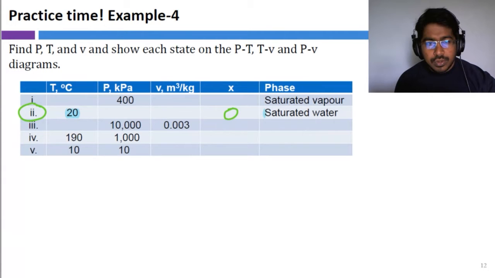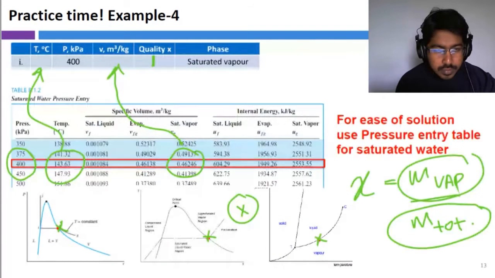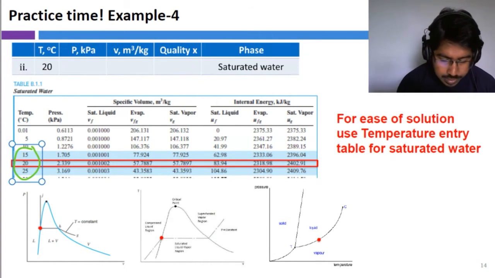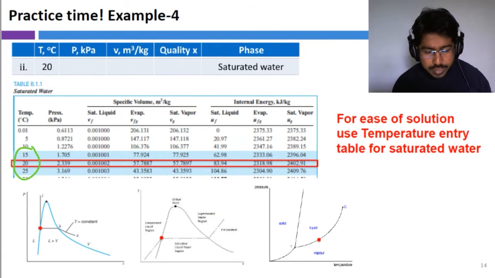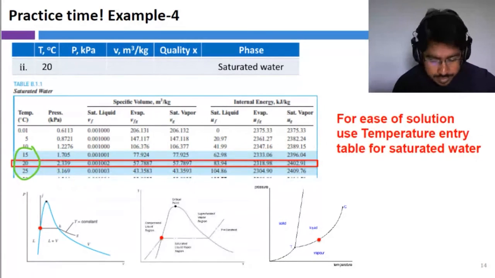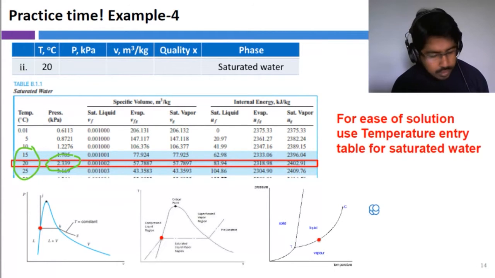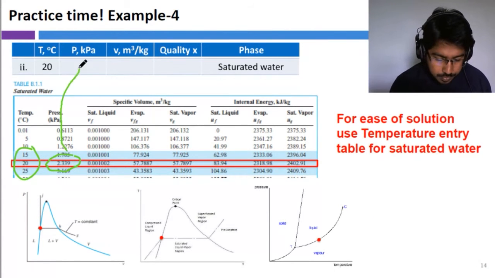Now we are just left to find pressure and specific volume. If we go to our temperature entry table, you can locate 20 Celsius as seen here. Once we locate 20 Celsius, right alongside it we have the pressure. So this is going to be our answer for the pressure.